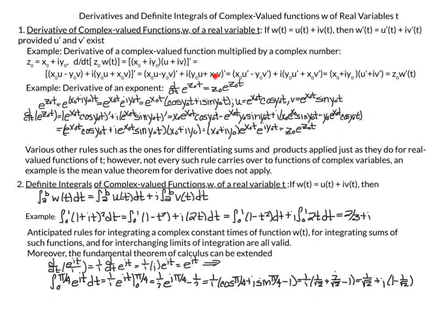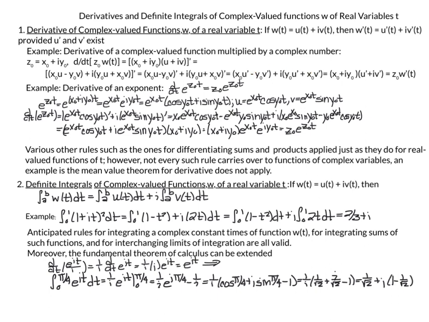So take the derivative separately. I know how to take the derivative of a real valued function minus a real valued function. I can just take the constant out. So x naught u prime plus y naught v prime. Similarly here, I have i times y naught u prime plus x naught v prime.